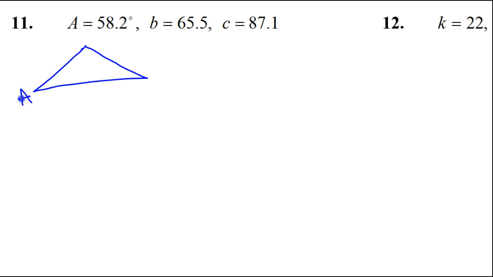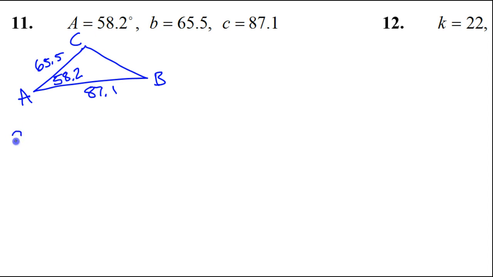So if this was triangle ABC, and then here in angle A I have 58.2, and then side B is 65.5, and side C is 87.1, then I have side angle side.